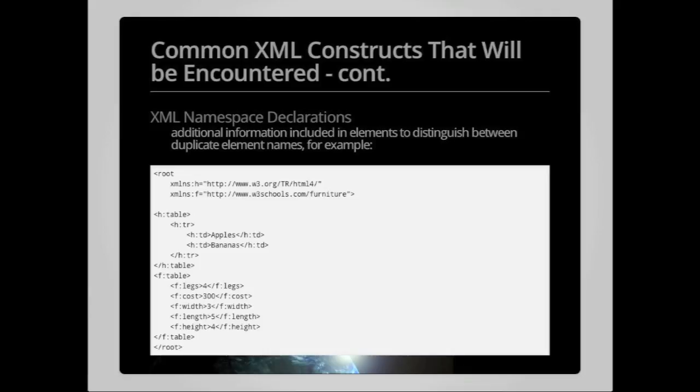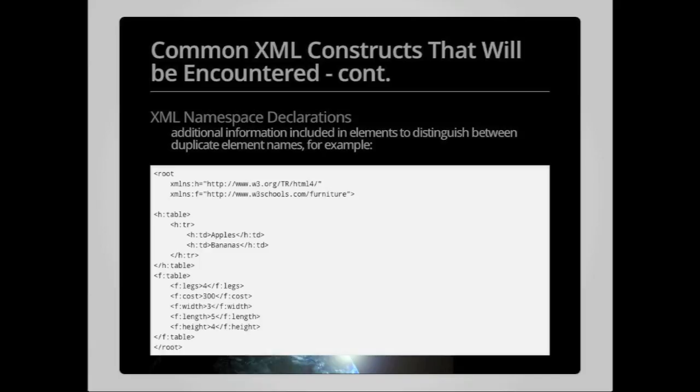You may also encounter XML namespace declarations, where this is additional information that can be included essentially anywhere in the XML document that defines a prefix that can be used for any elements to distinguish those elements from others that may have the same element name but have a different meaning in the system.